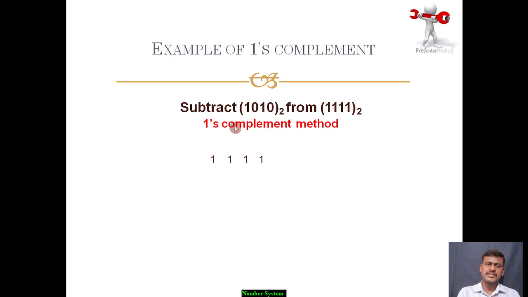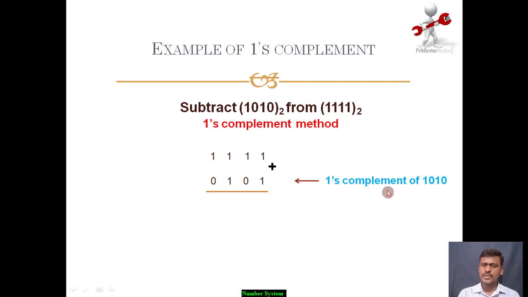As we have seen before, in ones complement we convert ones into zeros and zeros into ones. So the ones complement of 1 0 1 0 is 0 1 0 1. This is the first step: we converted the smaller number to its ones complement.